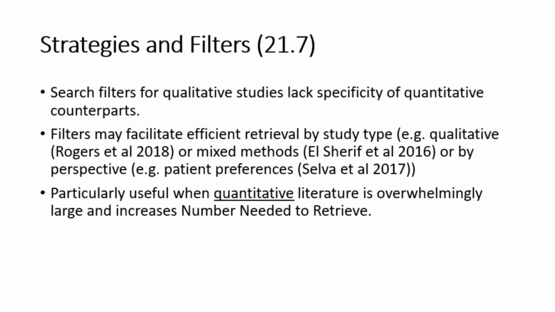These filters may facilitate picking out the qualitative studies from a mass of quantitative studies, or indeed retrieving mixed methods studies with qualitative data in it. But also bear in mind that there are alternate filters that look for a particular phenomenon, like, for example, the sign filters for patient preferences. And so, as I mentioned, this is particularly useful when the qualitative literature is being swamped by an overwhelming quantitative literature.